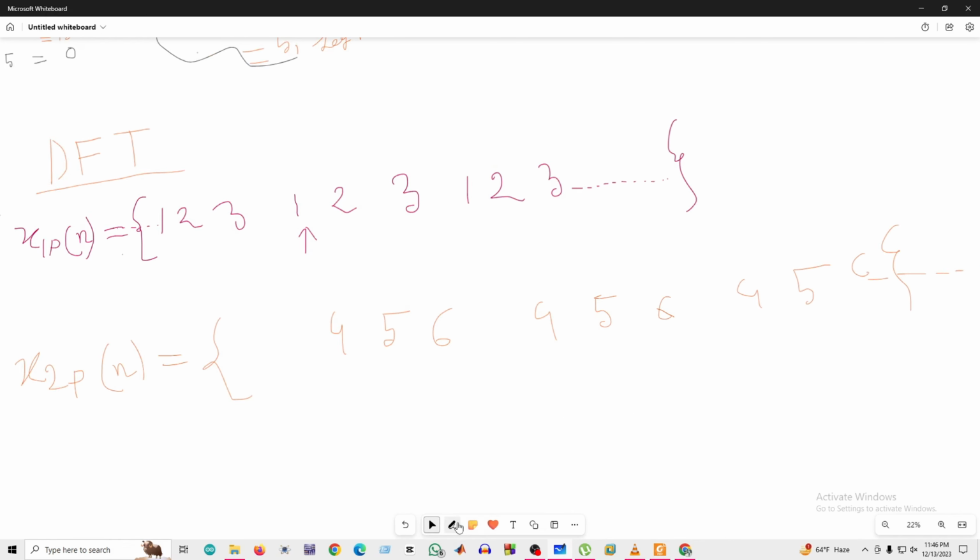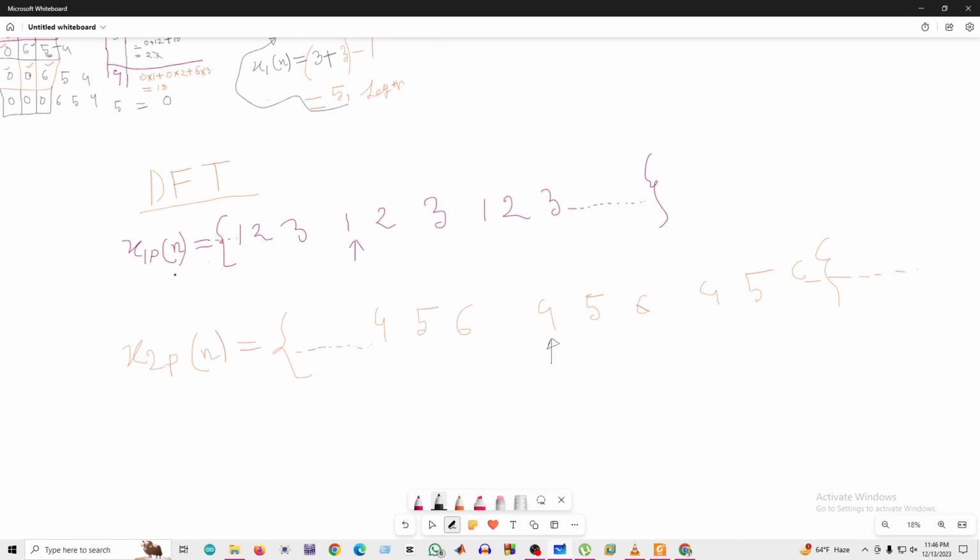And on the left-hand side it also goes on, because the signal is periodic, right? So if you say this is your index, x1 p of n and x2 p of n, these two signals are now periodic.